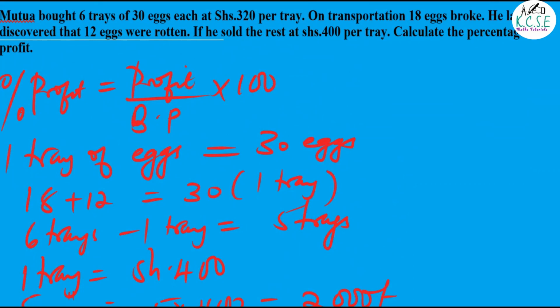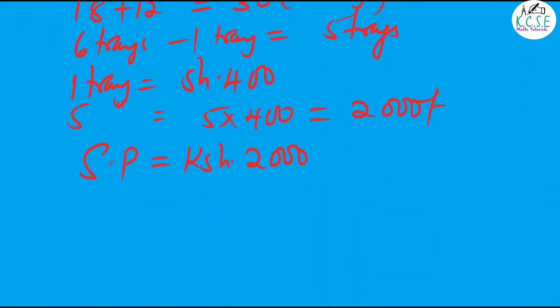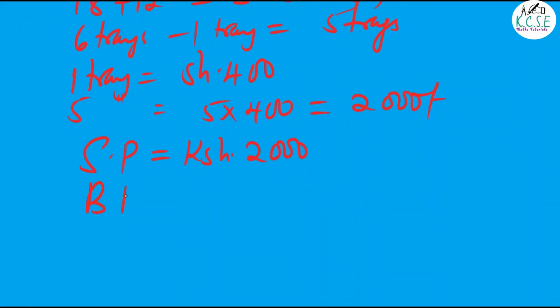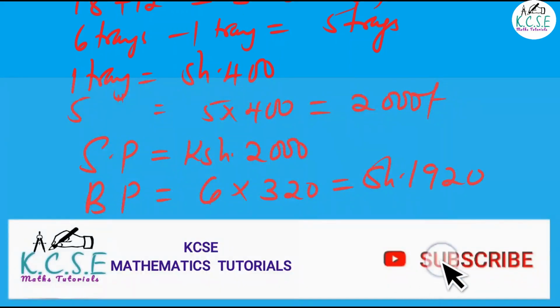He bought 6 trays of 30 eggs, each at 320. So the buying price was 6 trays, each going for 320, and this gives Kenyan shillings 1920.